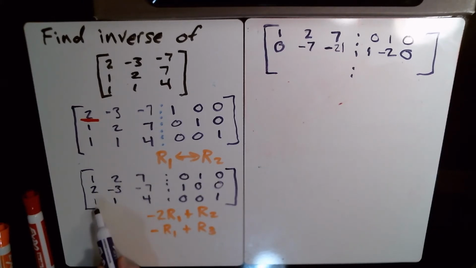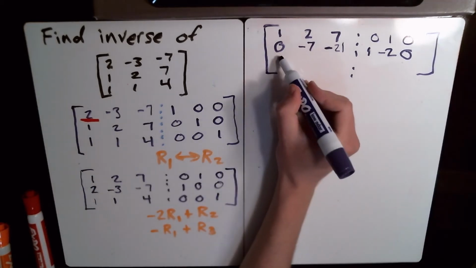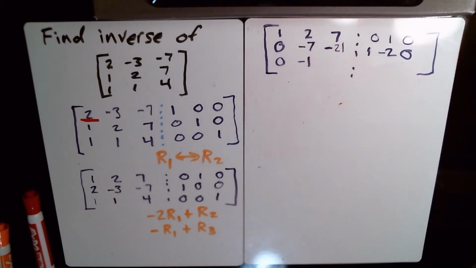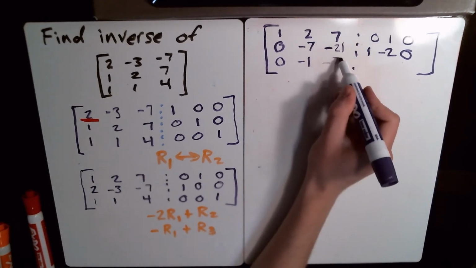Now to get the third row, we were doing negative times the first row and adding it down, right? So -1 times 1 is -1, plus 1 is 0, just like what we wanted. -1 times 2 is -2, plus 1 is -1. Okay. Then -7 plus 4 is -3.